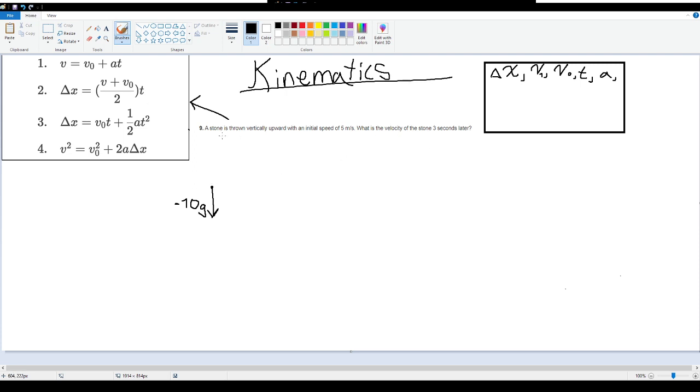So first step, what I would do is write down the puzzle pieces that are given to you. So we have initial velocity, 5 meters per second. We have acceleration, right, because it's constant, always gravity, negative 10.